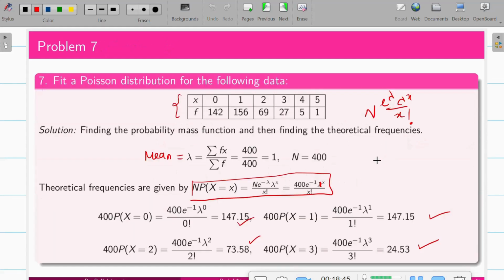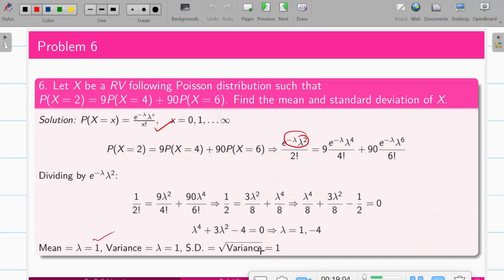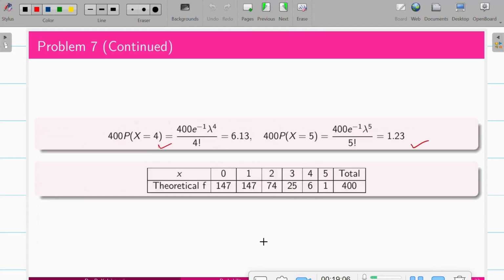To make the theoretical frequency, round off to the nearest value, so it becomes 147, 147, 24, 24, and this will be equal to 6, and this will be equal to 1.